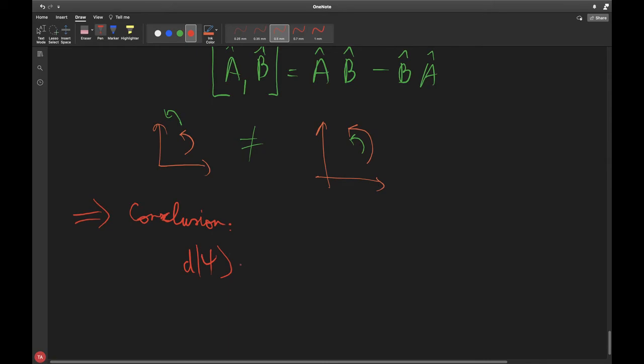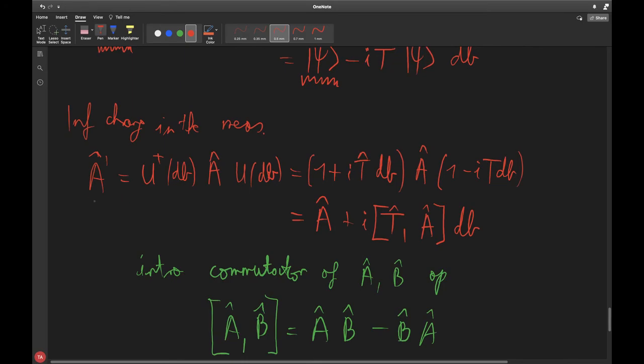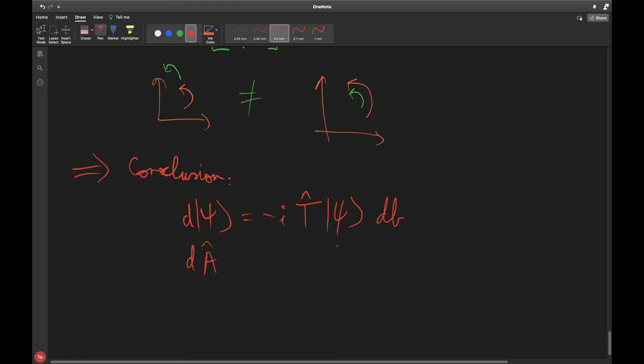So the change in the psi is minus i t operator, the psi, and dB. And the change in the A, again, what I do is that I subtract this and this, and that is the same as the newly introduced commutator of the generator and the measurement operator itself.